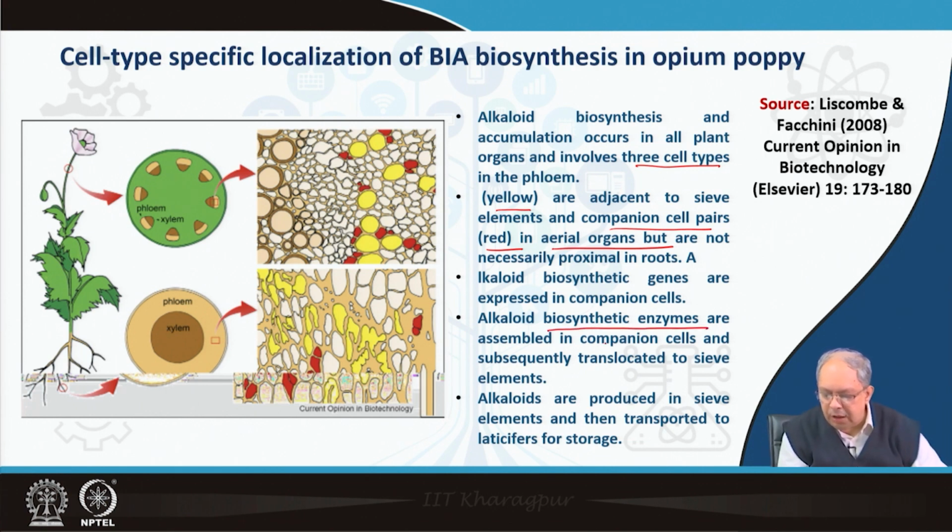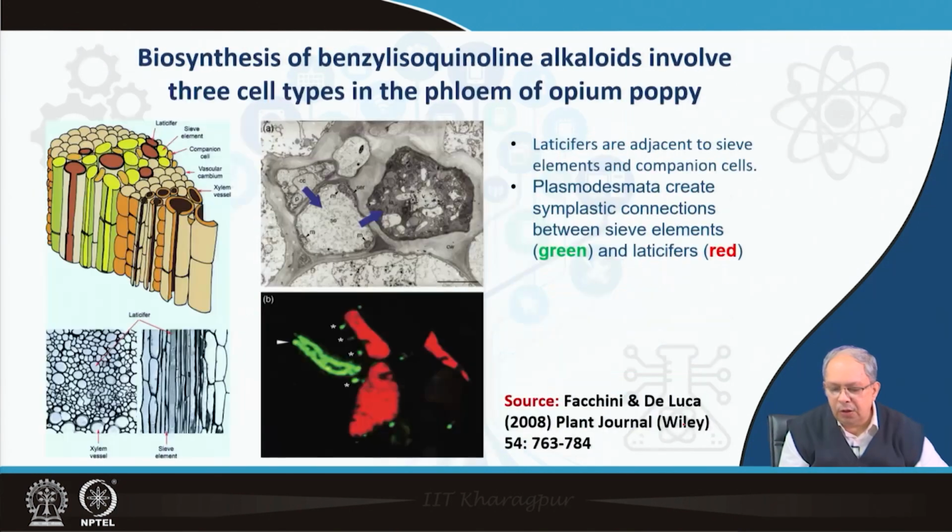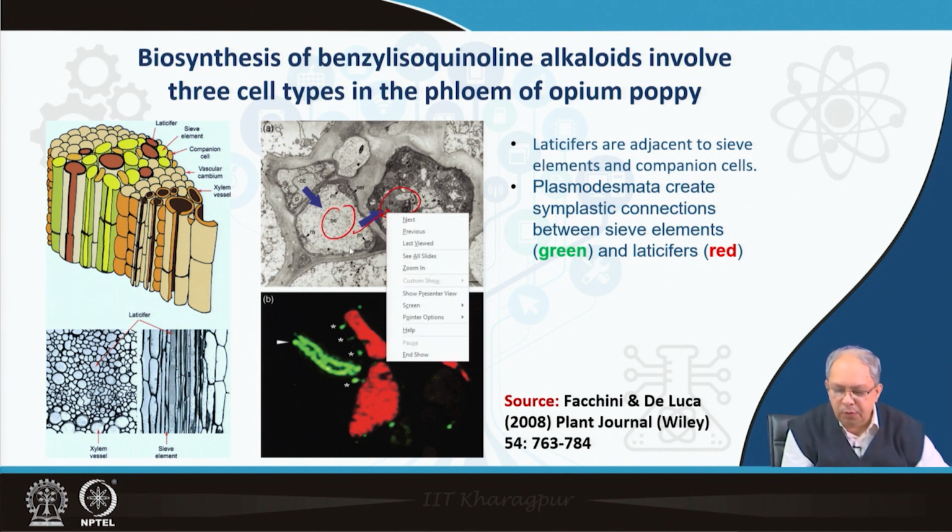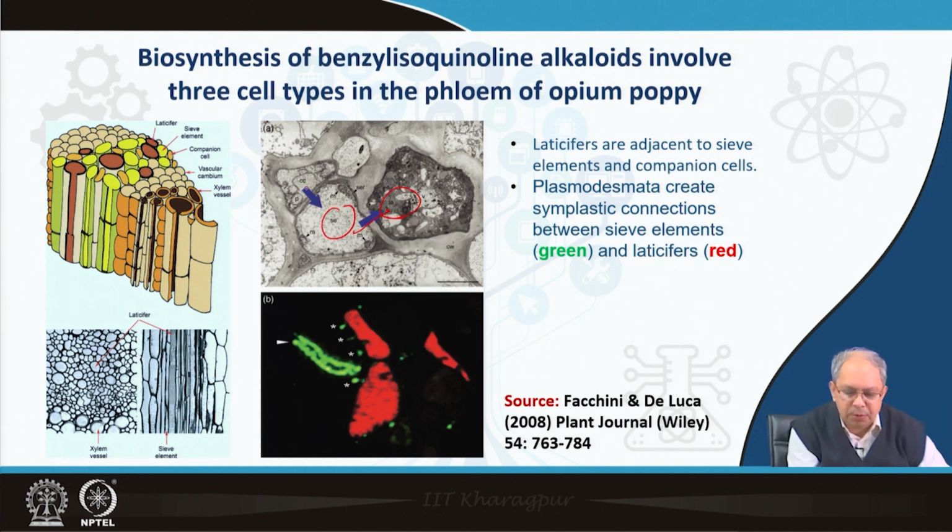Alkaloid biosynthetic enzymes are assembled in the companion cells and subsequently translocated to the sieve elements, and then transported into the laticifer for storage, which I showed in the previous slide. This is another way, a transmission electron microscope image, showing the location of the sieve element adjacent to the laticifer, so that alkaloids can freely move from the companion cell to the sieve elements to the laticifer.